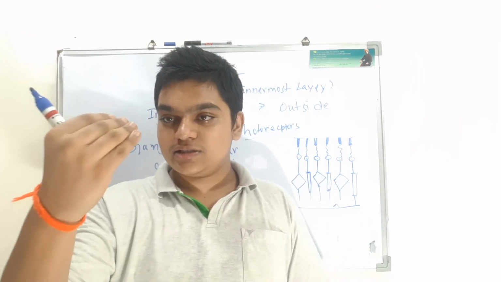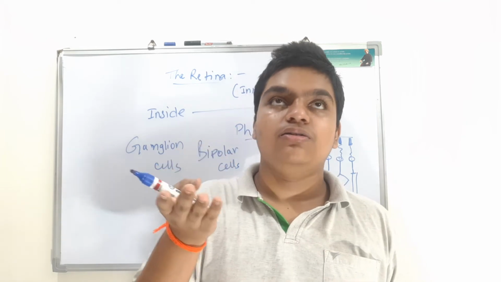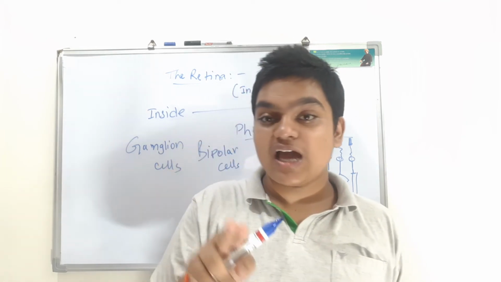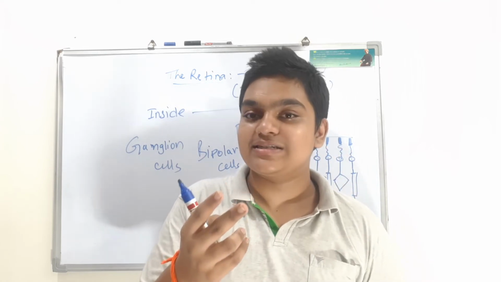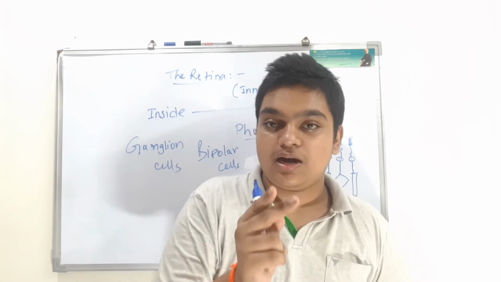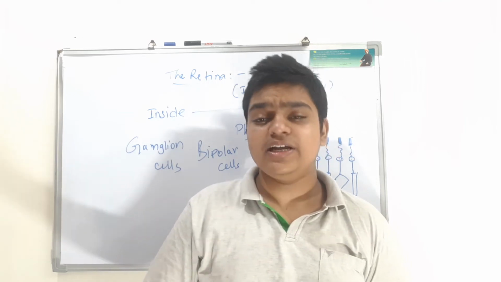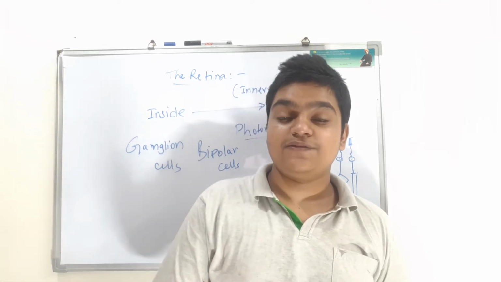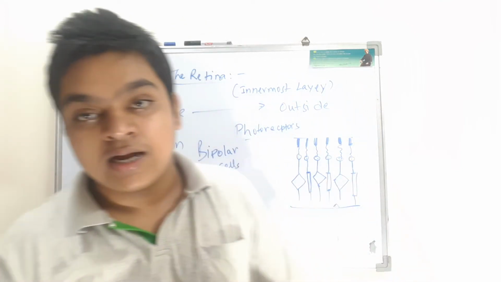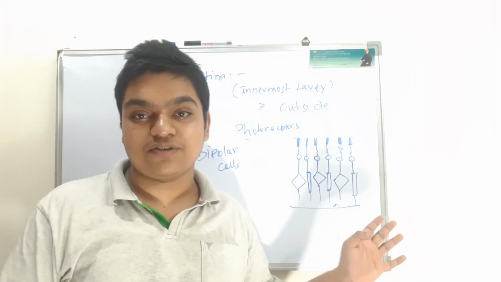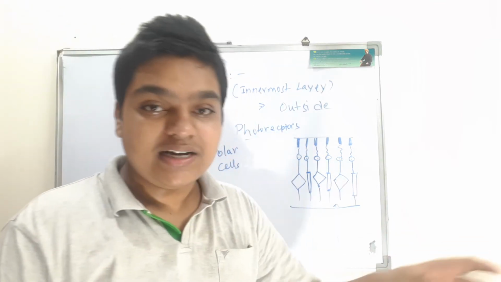Light enters the eye through the cornea and passes the pupil. It passes through the aqueous humor, where refraction of light takes place. From the pupil, it passes through the vitreous chamber, where again refraction takes place. After that, it falls on the retina. The first cells it meets are the photoreceptor cells, which respond to light and generate nerve impulses.